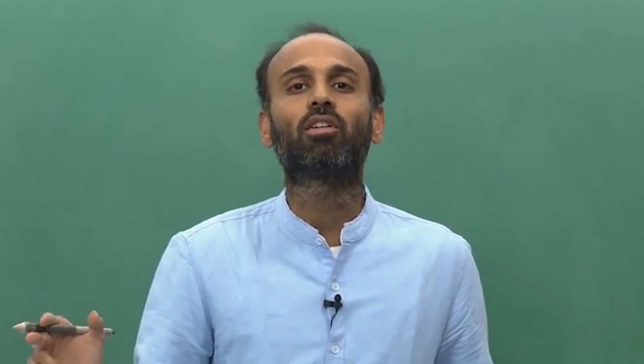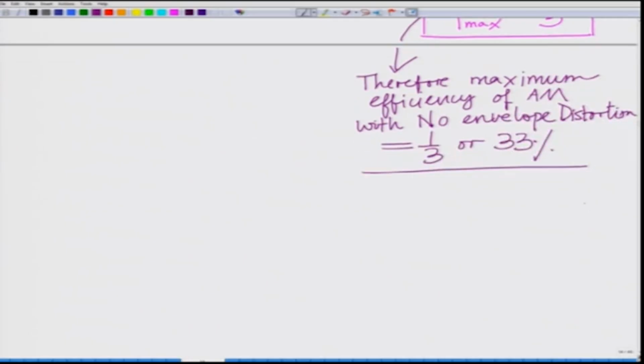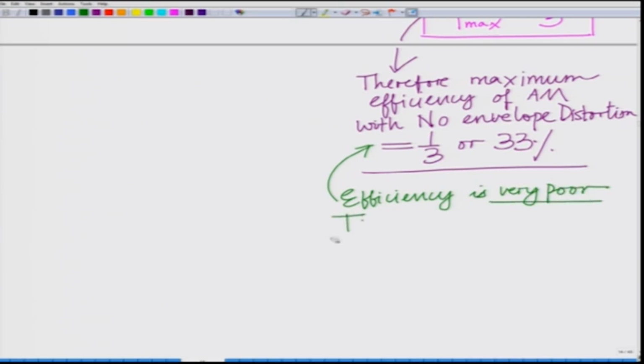So the efficiency can be improved, but that means the power of the carrier should be decreased, or the carrier should not be transmitted altogether, and that is what we will discover in subsequent techniques of amplitude modulation, that is double sideband suppressed carrier, etc. So, to conclude, this efficiency is very poor, and 66% or 67% of power is wasted.